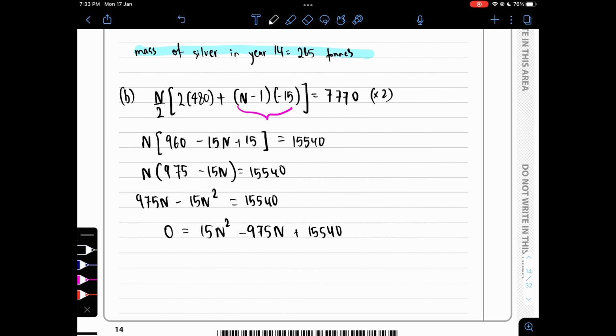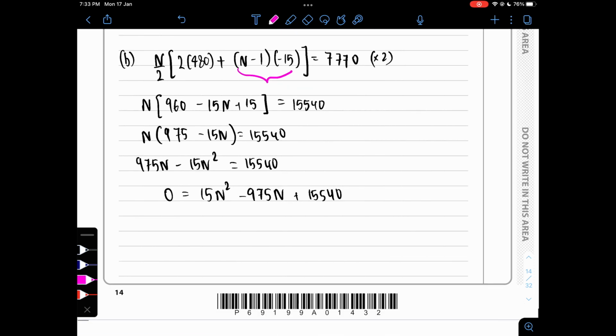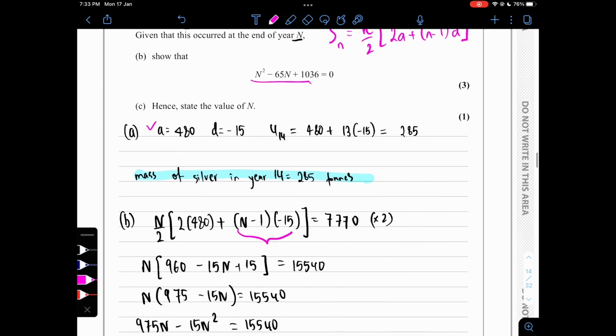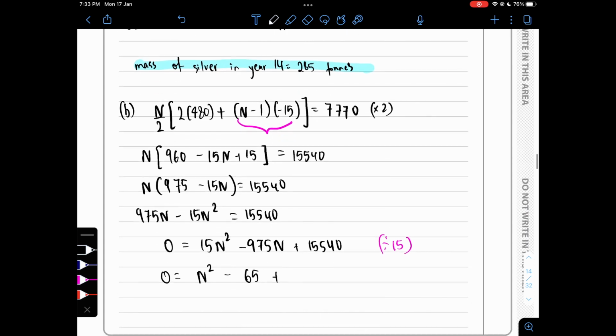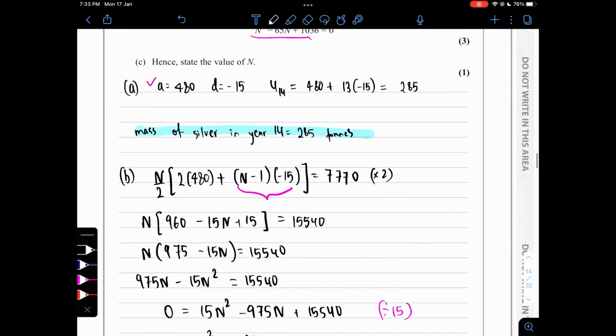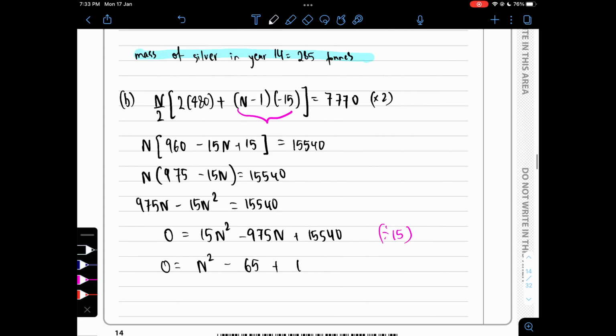Okay, so now they want n squared, so we can just divide everything by 15. So 0 equals n squared minus, 975 divided by 15 is 65, plus, when you divide 15,540 by 15, we can confirm we get 1,036.